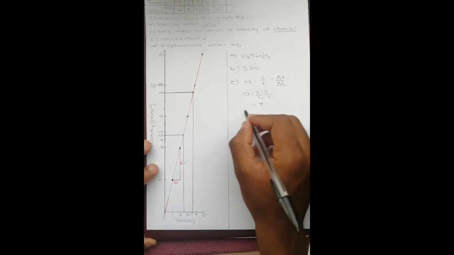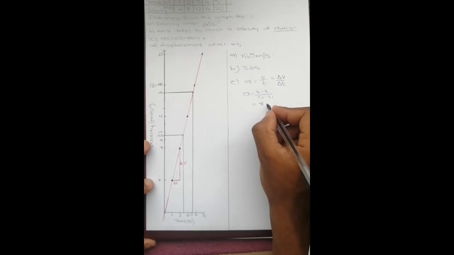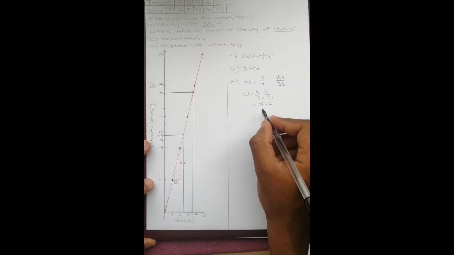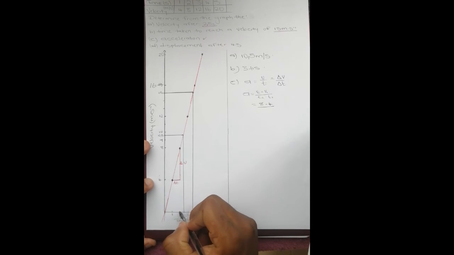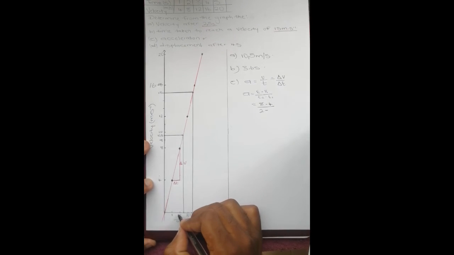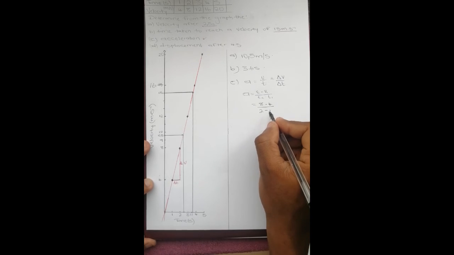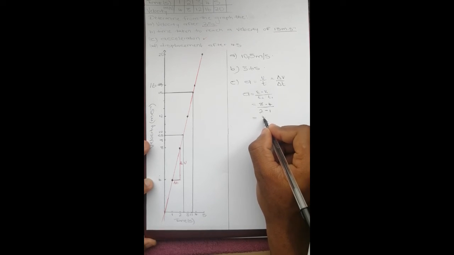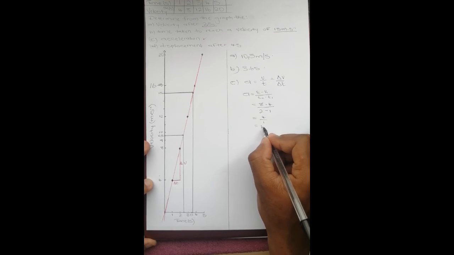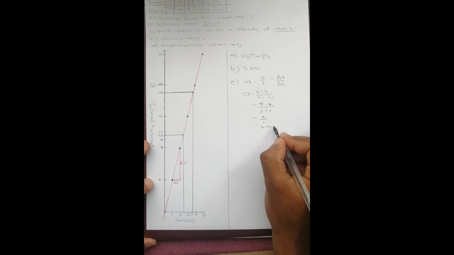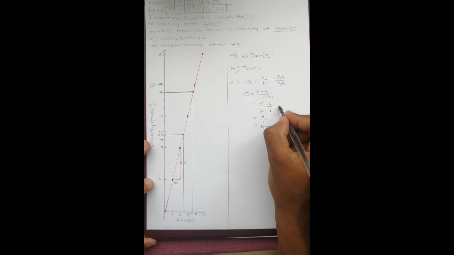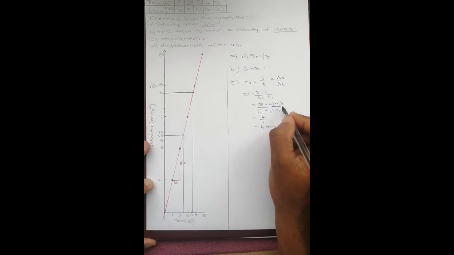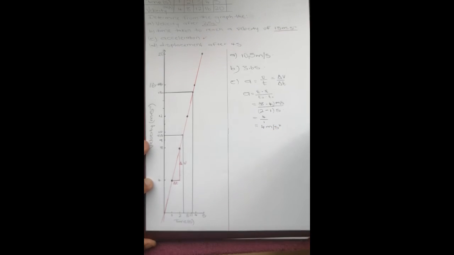Our change in v is going to be 8 meters per second minus 4 meters per second, over 2 minus 1. This gives you 4 over 1, which is 4 meters per second squared, because here you've got meters per second, and here you've got second, so meters per second over second becomes meters per second squared.